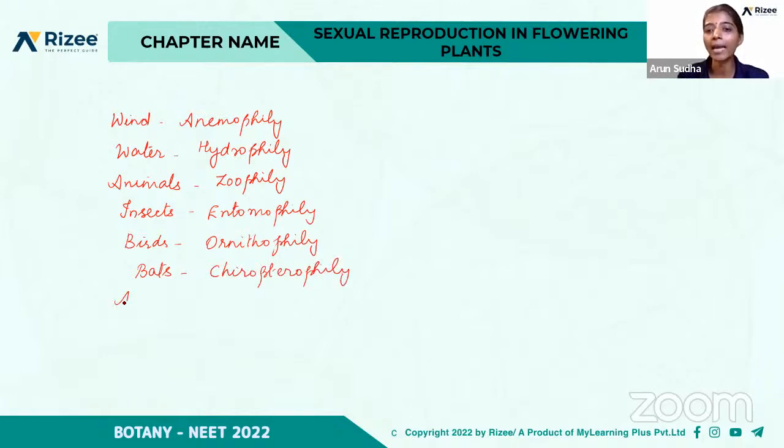And if it is by ants and termites, they are called myrmecophily. And if it is by snail, it is called malacophily.